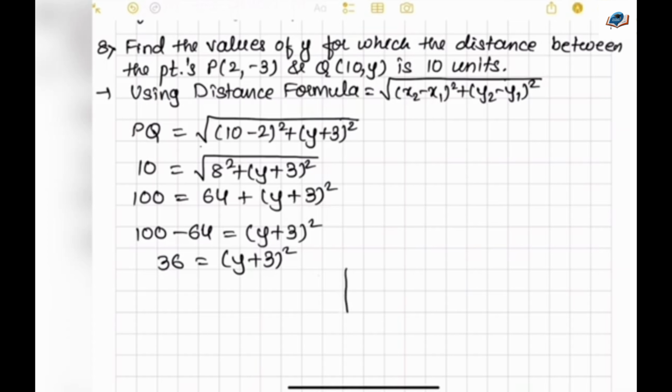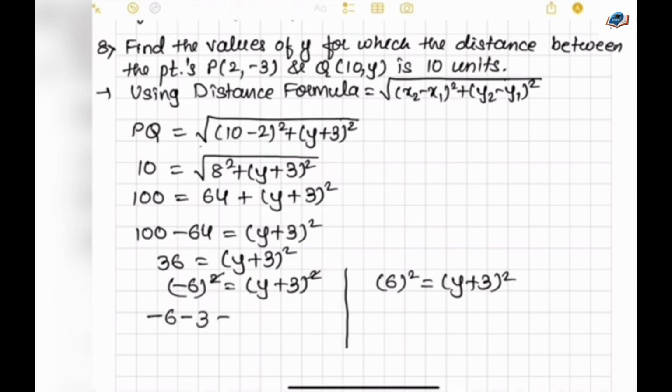So now 36 is square of both minus 6 and plus 6. So I can have two options here. Either (minus 6) whole square will be equal to (y plus 3) whole square, or 6 whole square will be equal to (y plus 3) whole square.